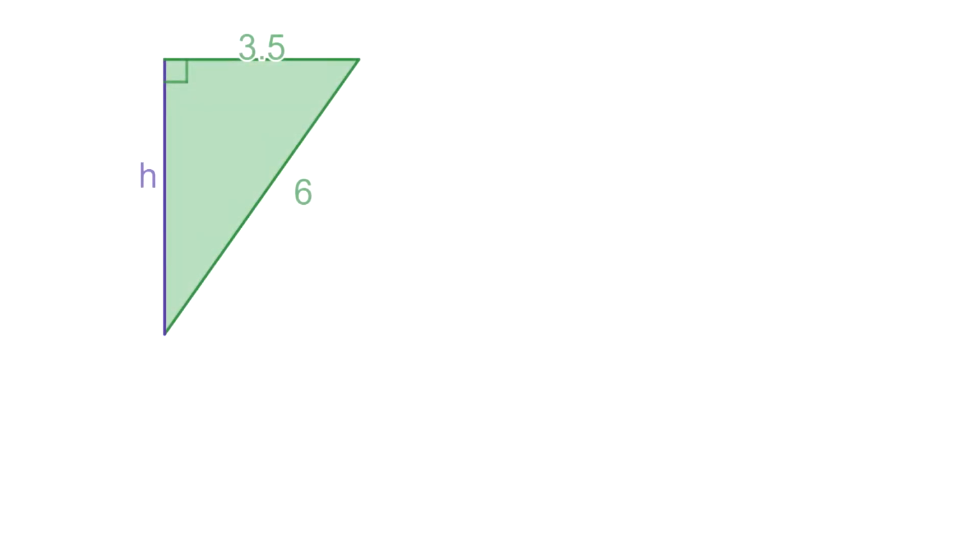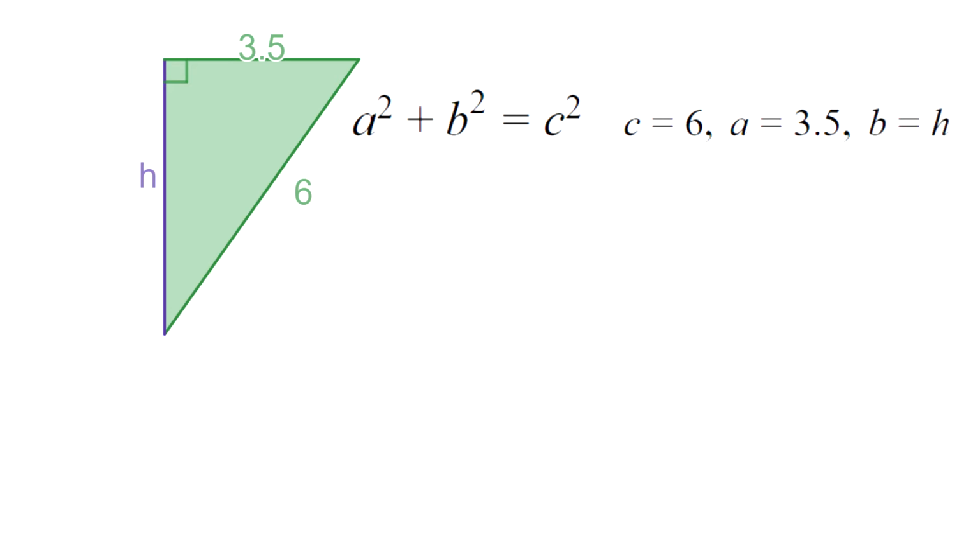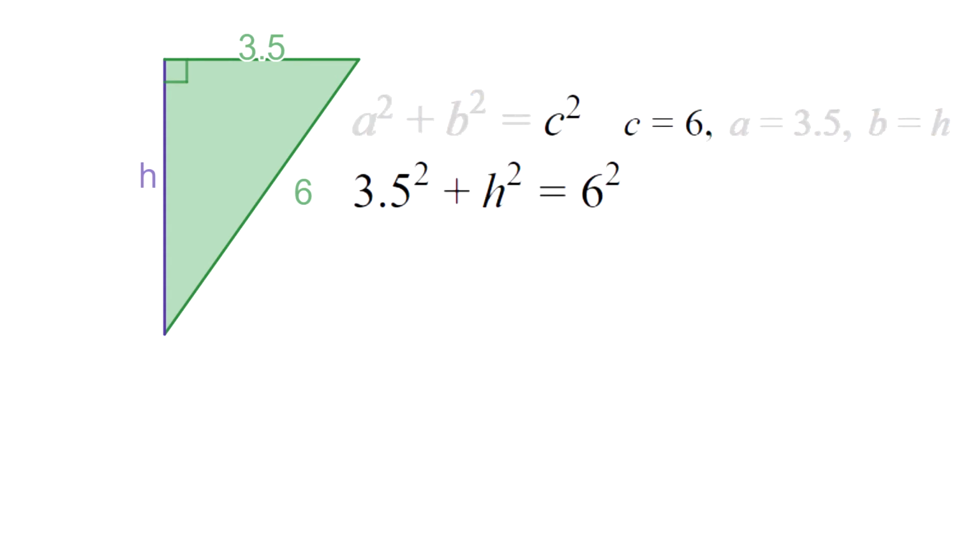To find the height, we use the Pythagorean theorem with a squared plus b squared equals c squared, where the hypotenuse c is 6, a is 3.5, and b is the unknown height. Using them, we have 3.5 squared plus h squared equals 6 squared. Arranging this to h squared equals 6 squared minus 3.5 squared, we isolate h squared.